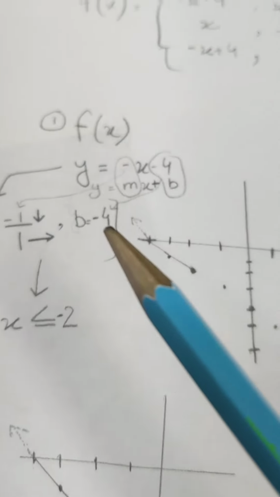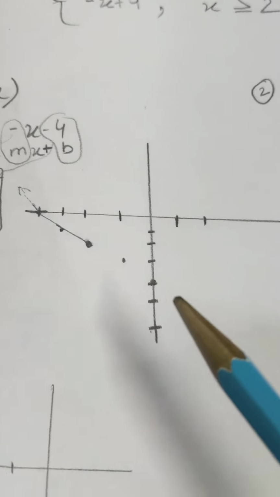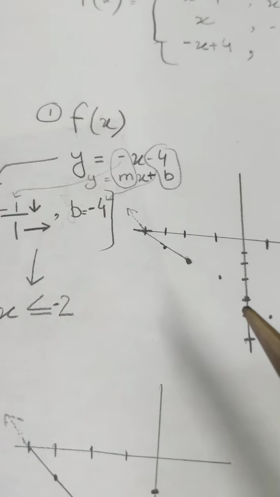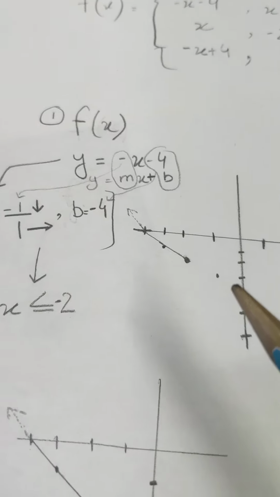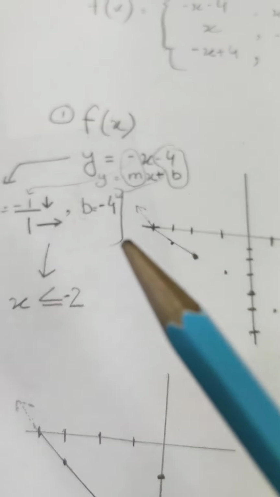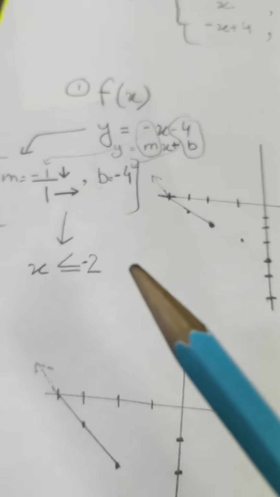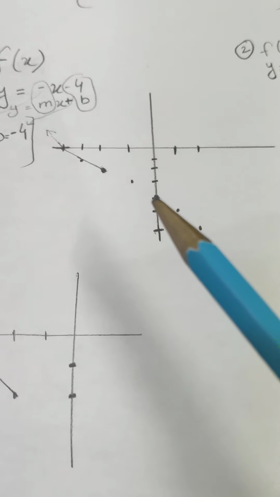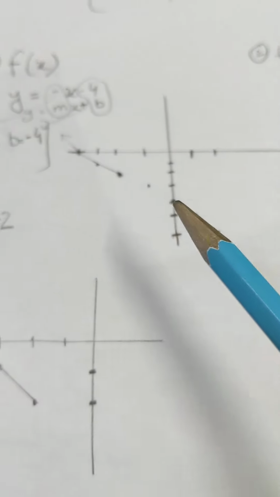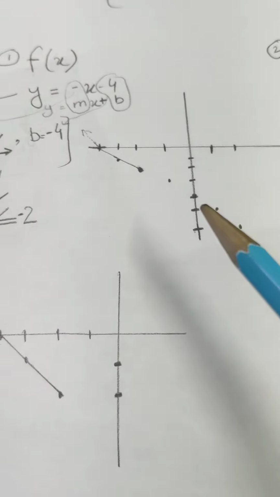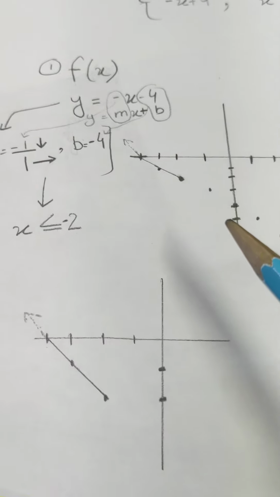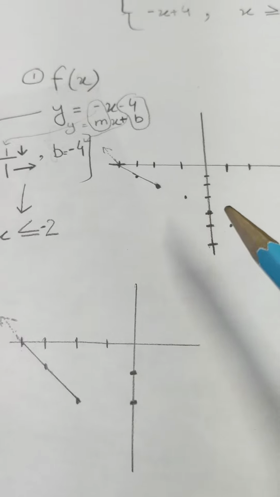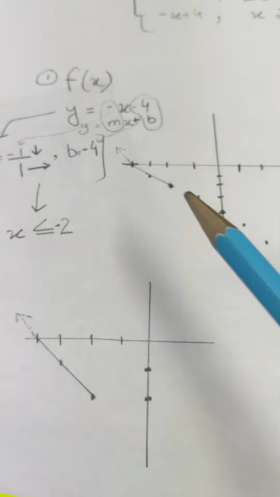In the graph, we start at negative 4, then move down 1 and then move 1 to the right. So here we have this graph, 1, 2, 3, 4. We go down 1 and then move 1 right, and again the same process, and we make a straight line.